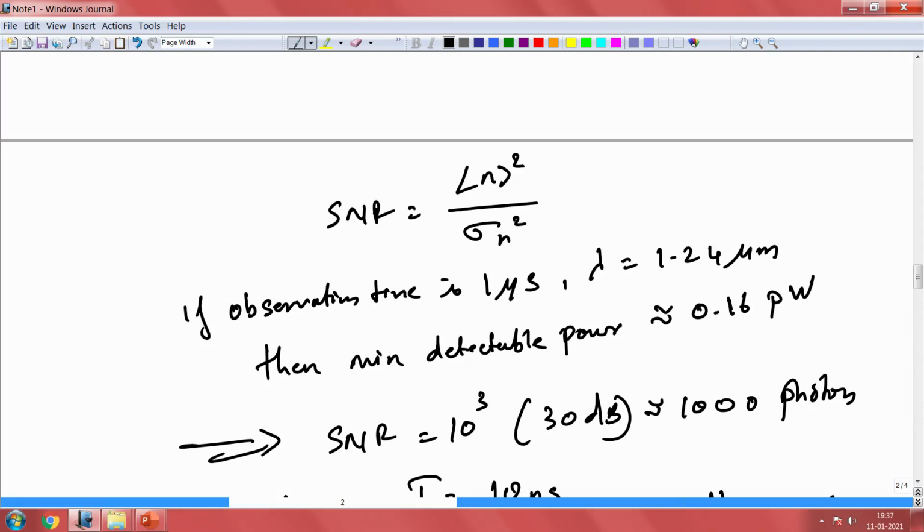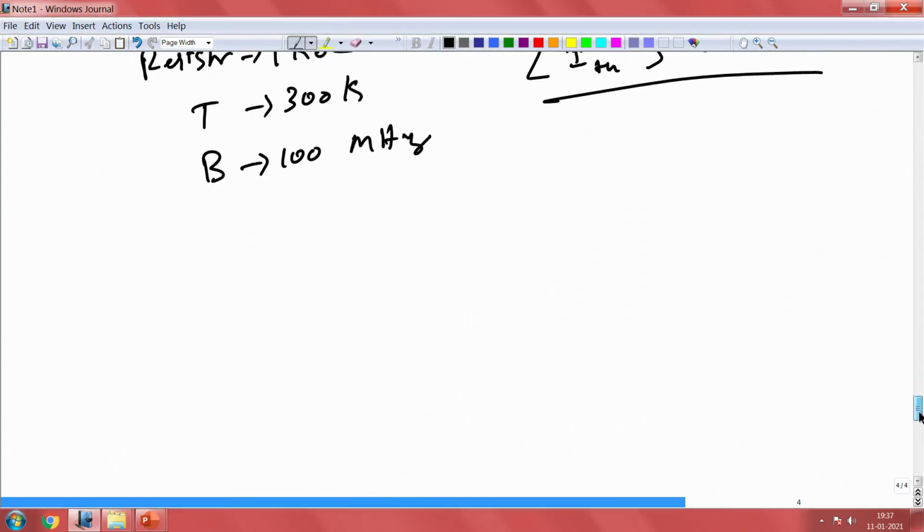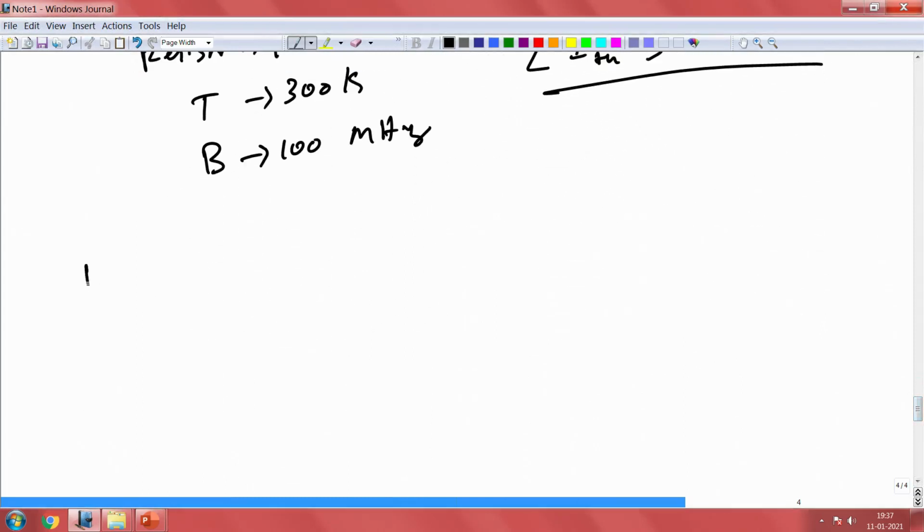There is another quantity called noise equivalent power, which we also use to characterize a photodetector.